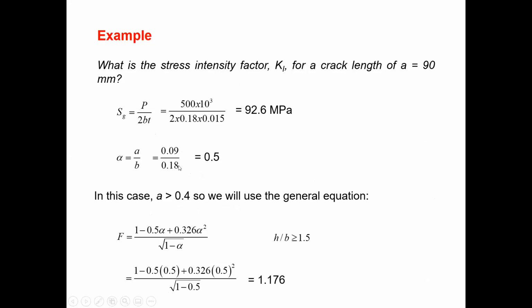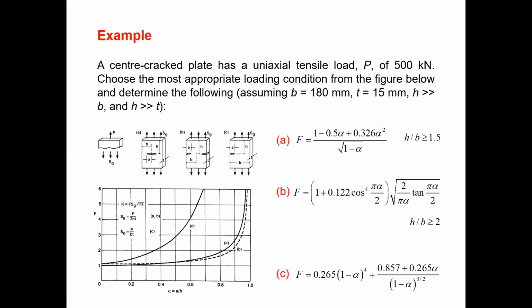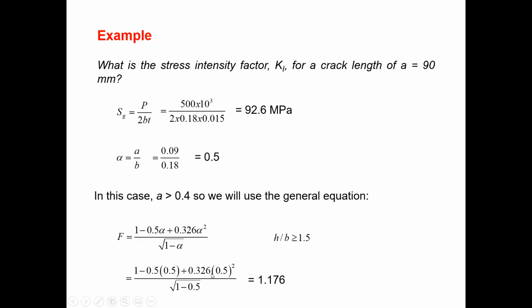The a/b ratio is 0.5, which is higher than 0.4, so you need to use the equation, or you can use this graph. So calculate the F value.